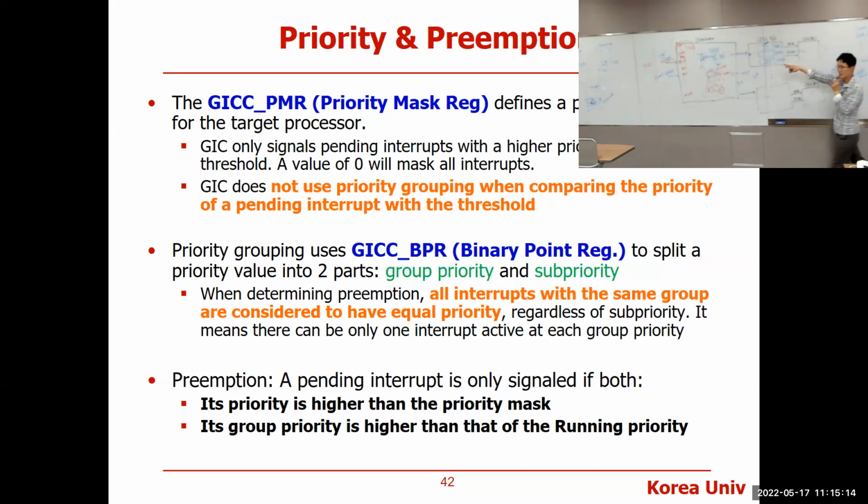The timer interrupt has a higher priority than UART. Then what do you have to do? What do you think?